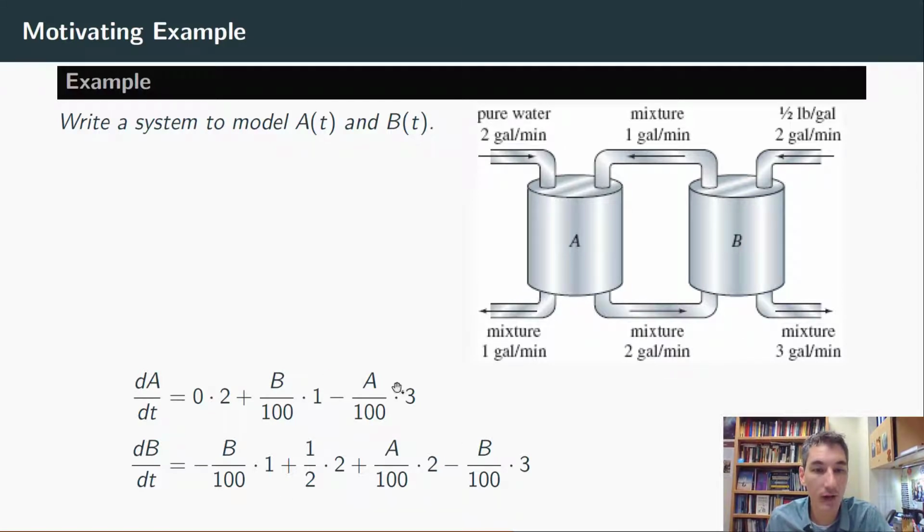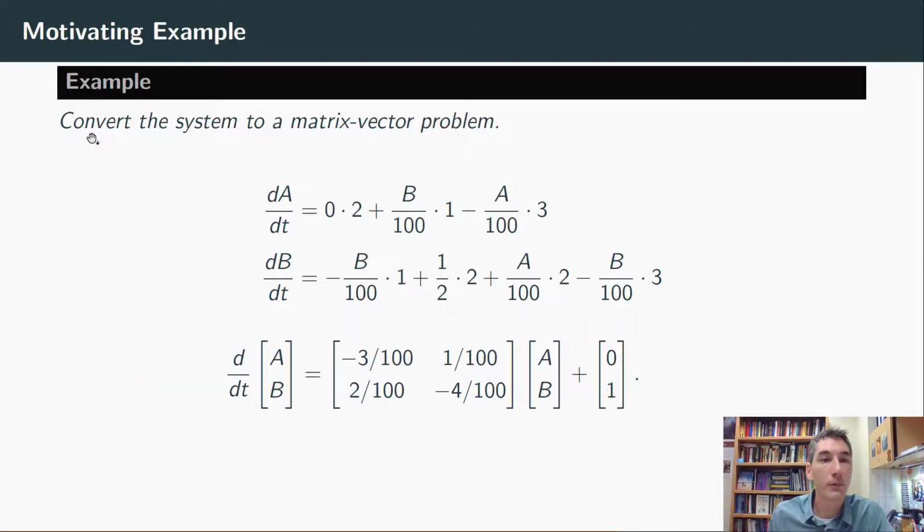You'll notice everything has an A or a B on it except for this term right here. That's a standalone term. So if we convert this system to a matrix vector problem, you end up with this system right here. You'll notice there's no forcing term on A, but there is a forcing term on B of 1. So the forcing term is 0, 1 for A and B. And then where are the other numbers coming from?